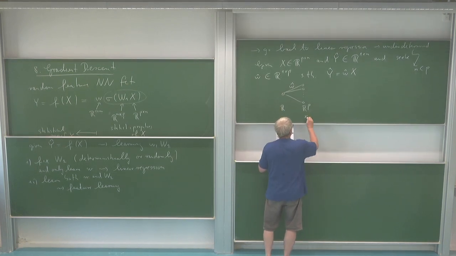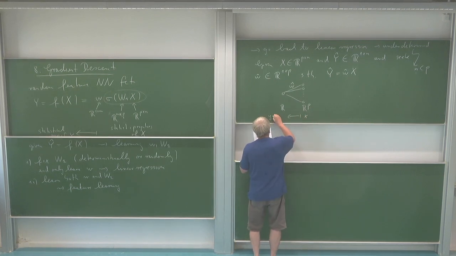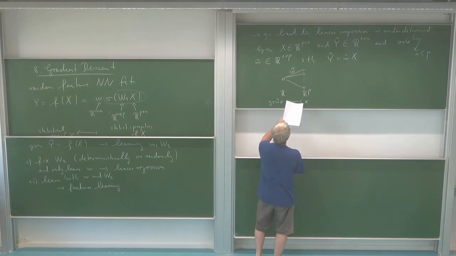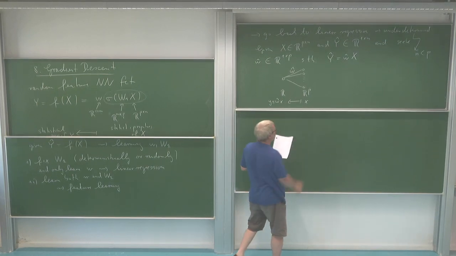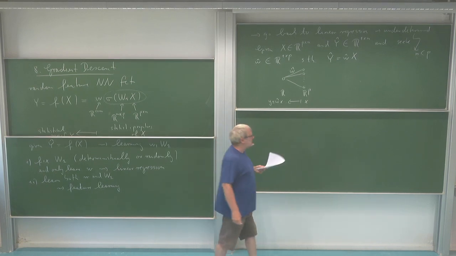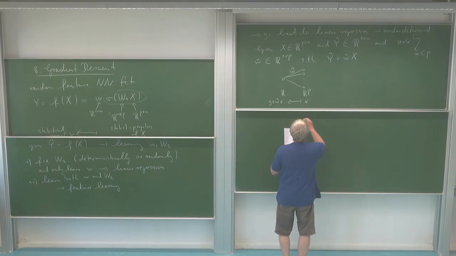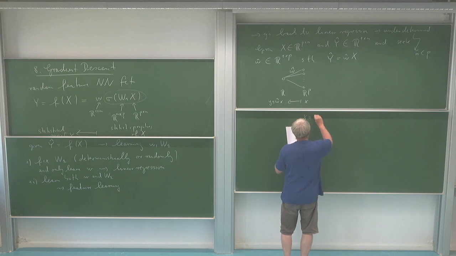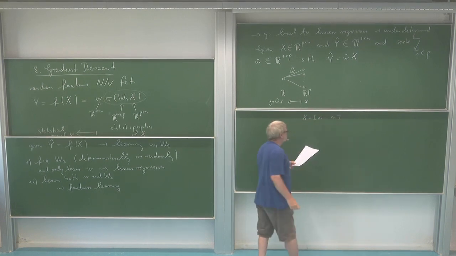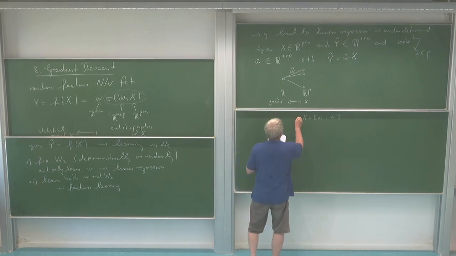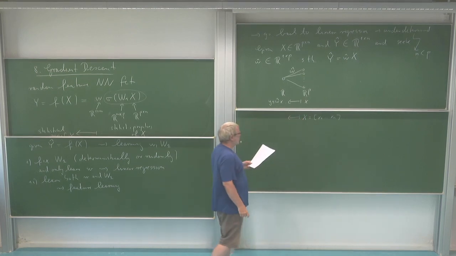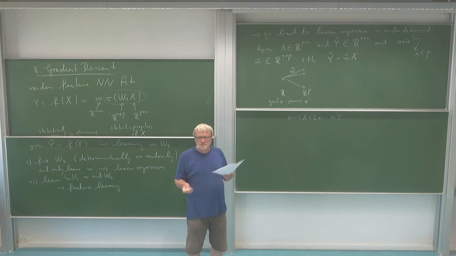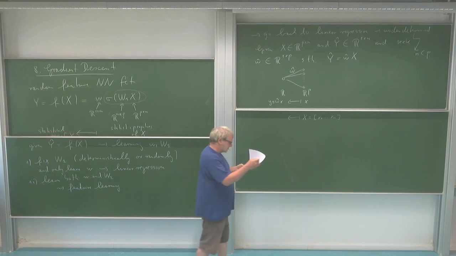So if I put in here a vector x, then I get here a y, which is w hat times x. Or usually, I'm putting in not just one x, but I have n of them, and I collect them in my data matrix. So I'm putting in here my data matrix x, which is just a collection of n data points, and then I'm getting out n y's, which I also collect in a matrix, but in this case it's just a vector.